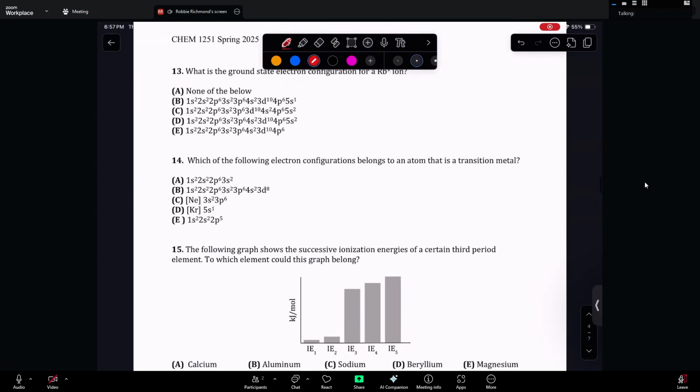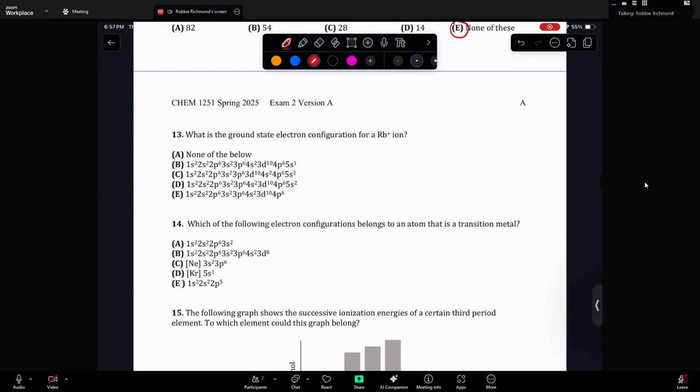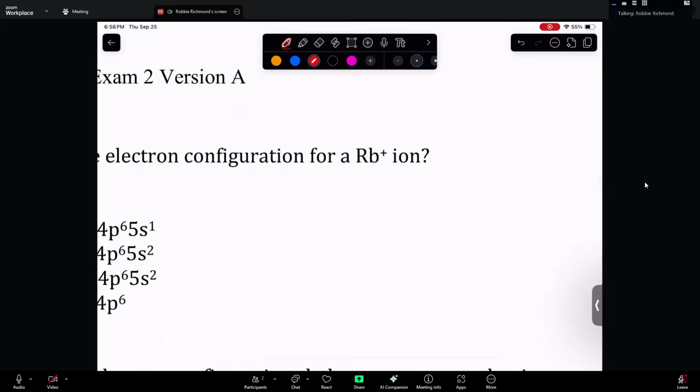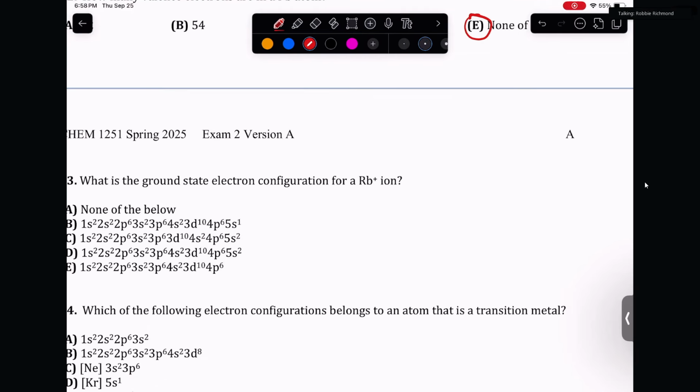Alrighty. What is the ground state electron configuration for the Rb ion? So remember, if we're ionizing an atom, the electron comes from the higher energy level.